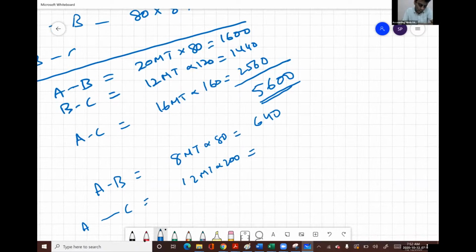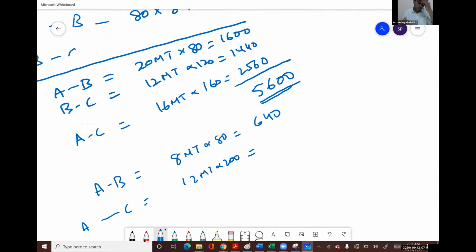Then where did you get this 120 from? B to C. Because this is a triangle, is it?